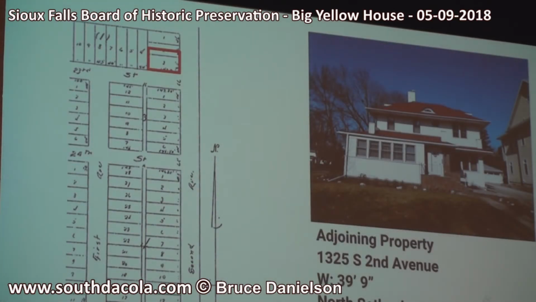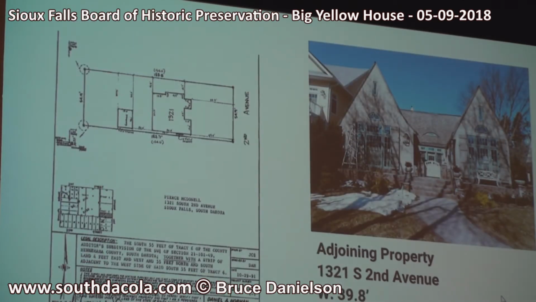This is a corner lot here, so this width is 39 feet 9 inches, north setback being 12 feet, and the south setback being the minimum 25 feet for a corner lot. Lot width here is 76 feet 5 inches. Adjoining property to the north, 1321, width is 39 feet 8 inches, or 39.8 feet. North setback is 12.7 feet, south setback is 2.1 feet.